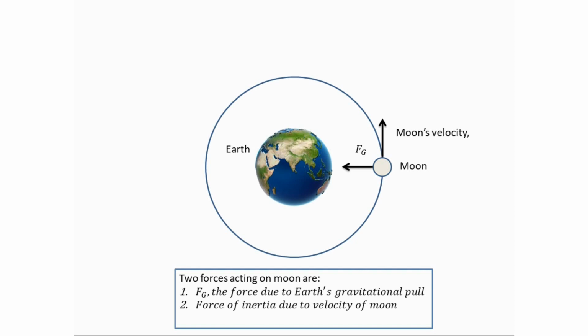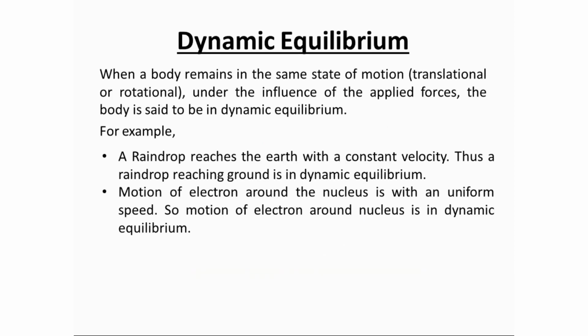Thus, when a body remains in the state of motion under the influence of applied forces, the body is said to be in dynamic equilibrium. A few more examples of dynamic equilibrium are: a raindrop reaches the earth with constant velocity called terminal velocity.